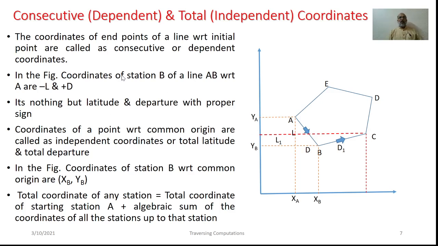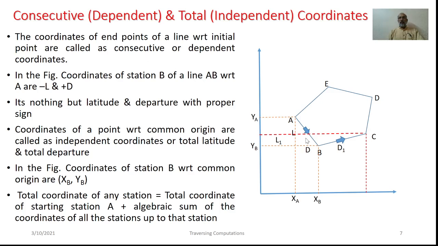If we work out this particular latitude and departure, we can follow the other terminology, which is called dependent and independent coordinates. For a given traverse, the coordinates of the endpoints of a line with respect to the initial point are called consecutive or dependent coordinates.